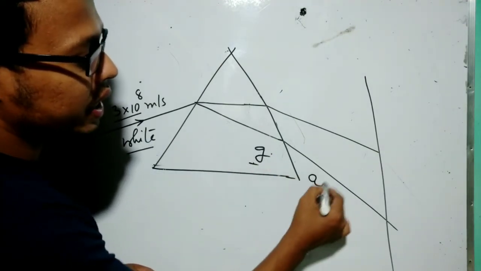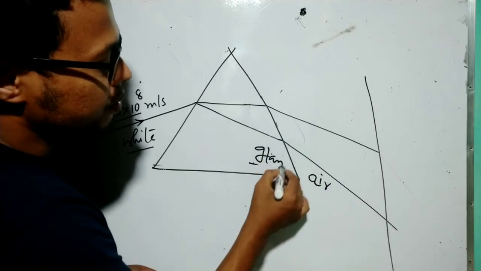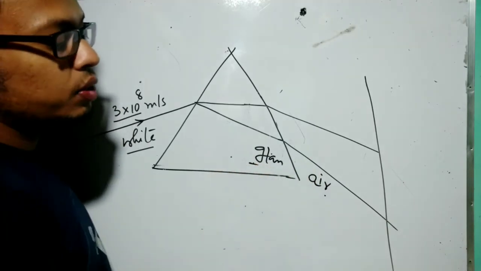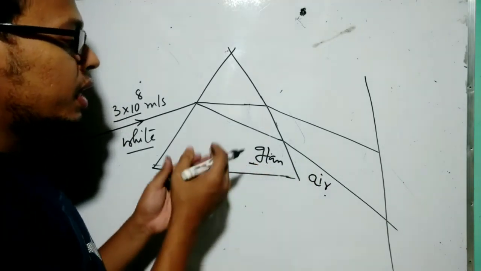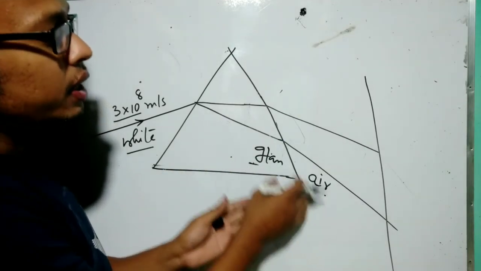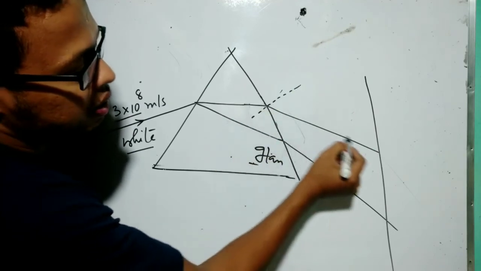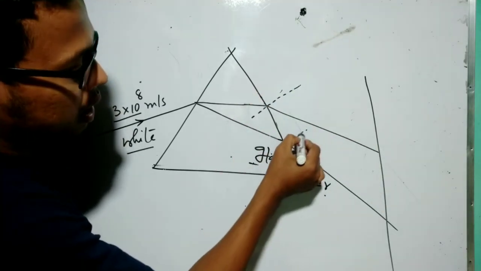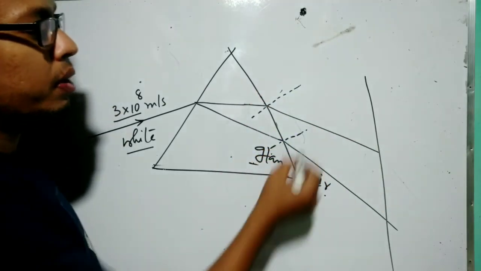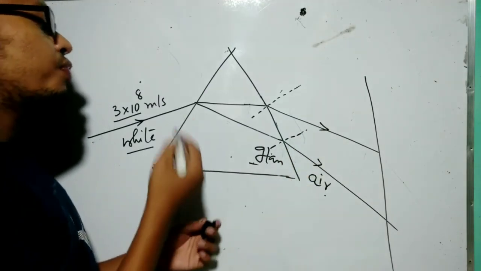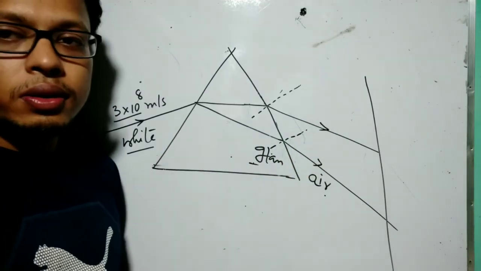This is glass, this is air, so glass is the denser medium and air is the rarer medium. When light passes from denser to rarer, it bends away from the normal. If we draw the normal over here, it bends away from the normal, and here also it bends away from the normal. So on the first surface the dispersion occurs.